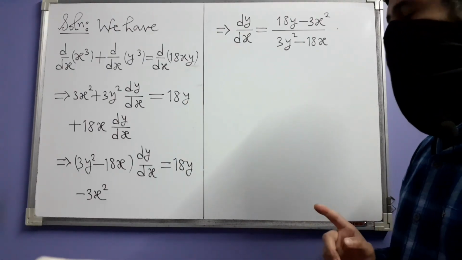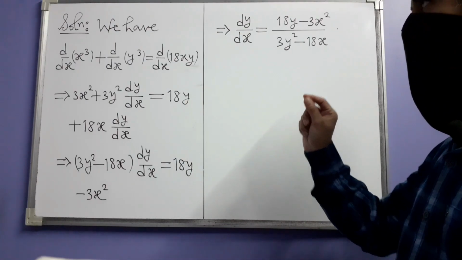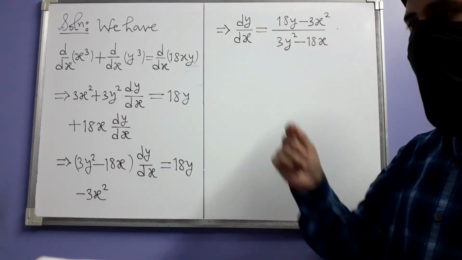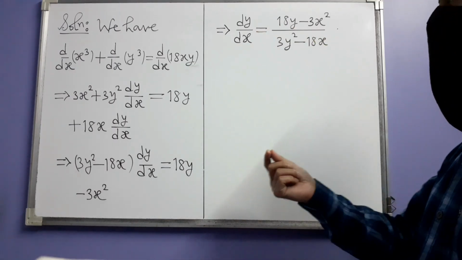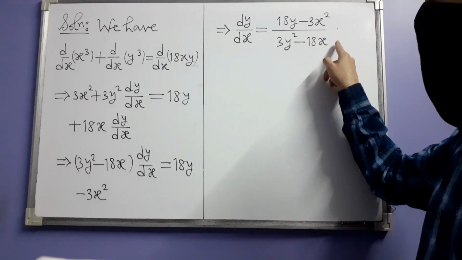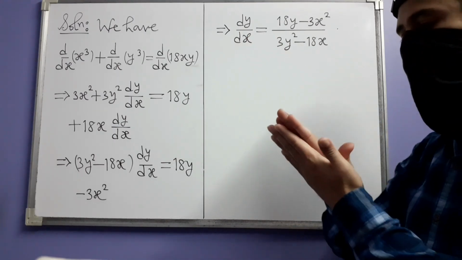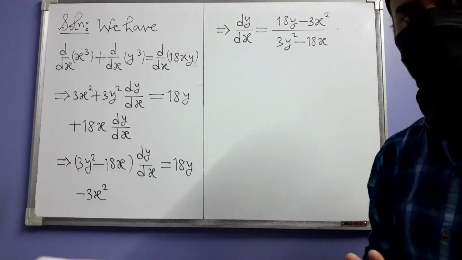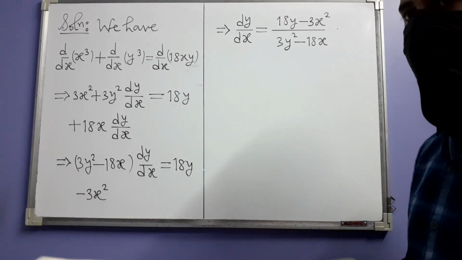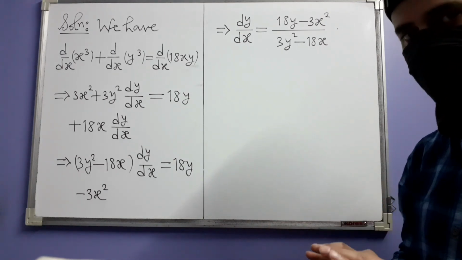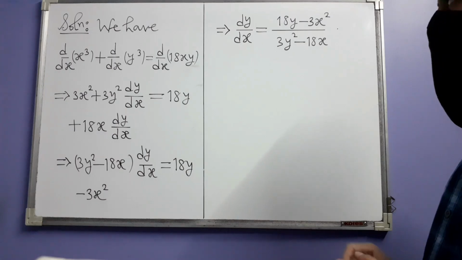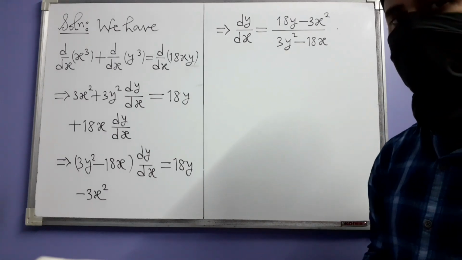On that graph, there will be points. If you use the coordinates of those points and use this expression, then you will get dy/dx at those points. That means slopes of tangents at those points. But there will be some points on the graph itself where this denominator will be 0.